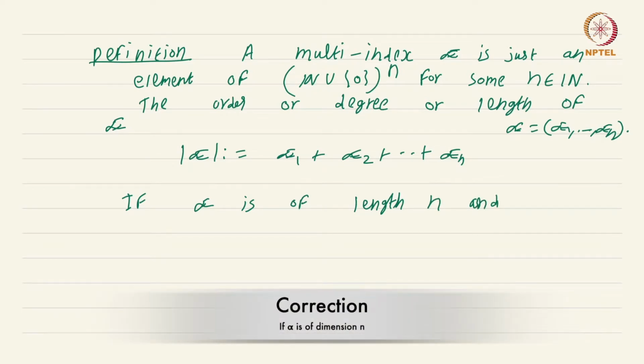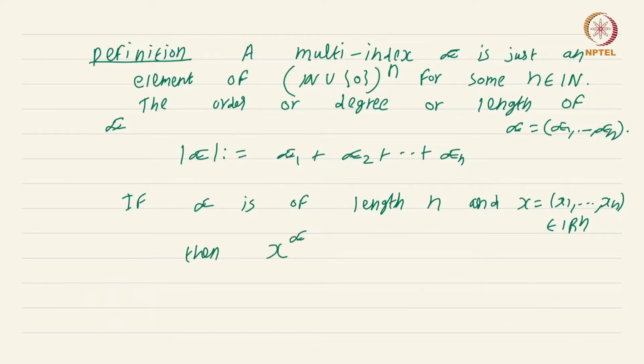So if alpha is of length n and x equal to (x1, ..., xn) is an element of R^n, then we define x to the alpha to be x1 to the power alpha 1 multiplied by x2 to the power alpha 2 ... xn to the power alpha n.